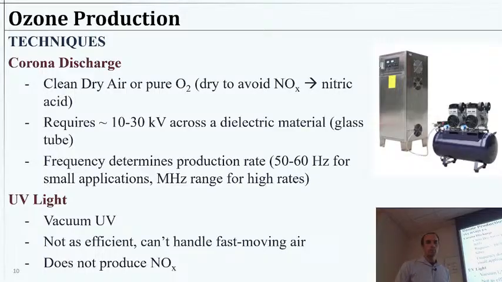So I think my notes are saying it's dry to avoid nitric oxide. If we have water plus the corona discharge plus nitrogen gas, that's probably where we get nitric oxide.